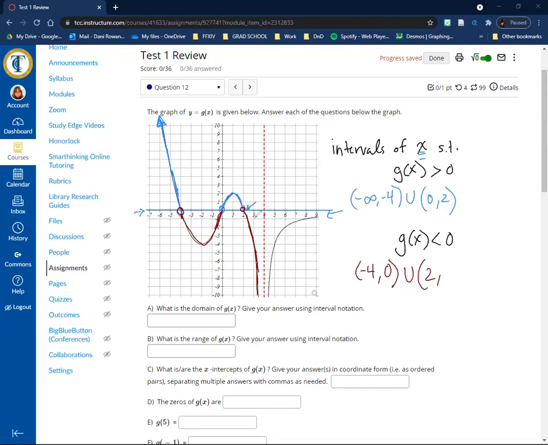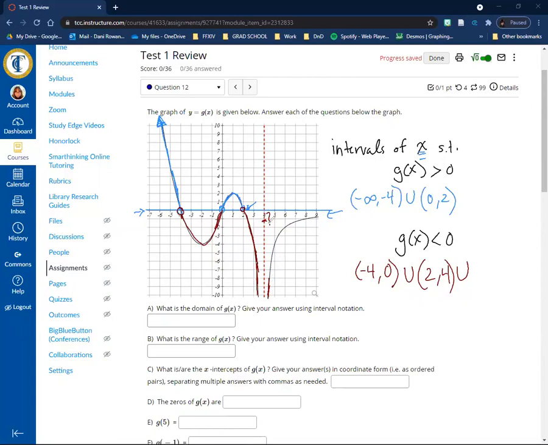Where's it end here? Infinity. Does it cross this line though? It ends at 4. Remember, this is that asymptote. It gets really close to it, but it doesn't touch it. So it ends at 4. But it also picks up down here, right? And where does it pick back up?